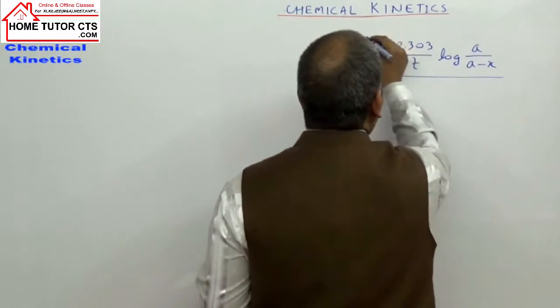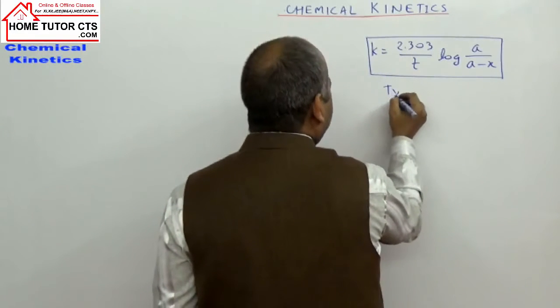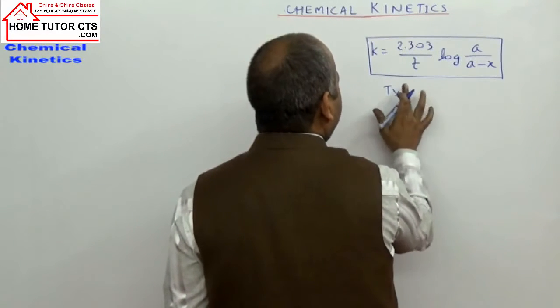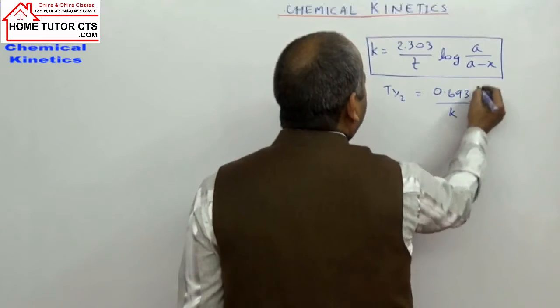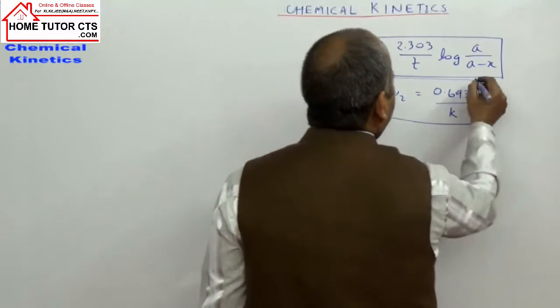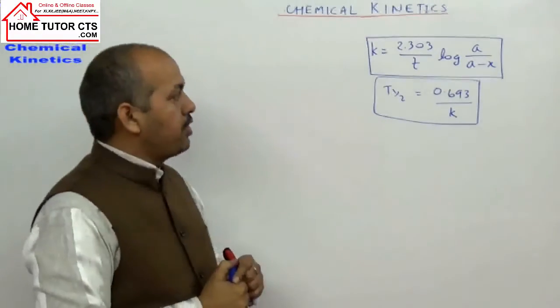And t half for the first order reaction is equal to 0.693 by the rate constant. These two expressions we already got yesterday after derivation.